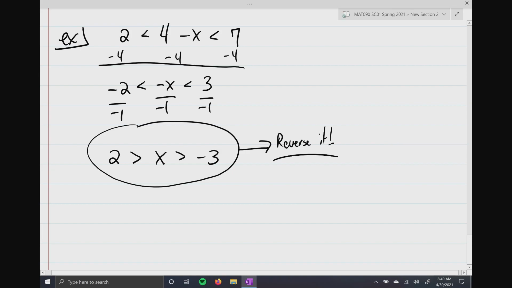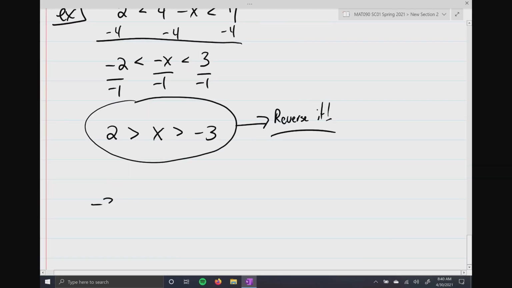In other words, what you're going to do, and I wish I had an object. Here you go. So right now, here's how it looks. I have this marker. This cap represents the 2. The end of the marker represents negative 3. What I need to do is flop it around. I need to just reverse it like that. So I'm going to write negative 3, x, and 2. And I'm going to take these inequality symbols, and I'm just going to make sure that they point to the numbers that they're supposed to be pointing to, the negative 3 and the x.